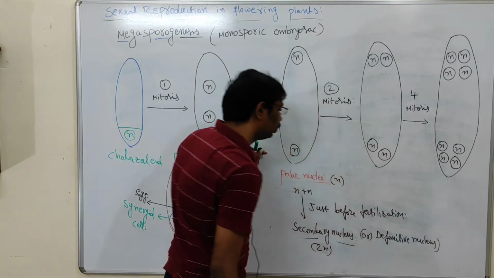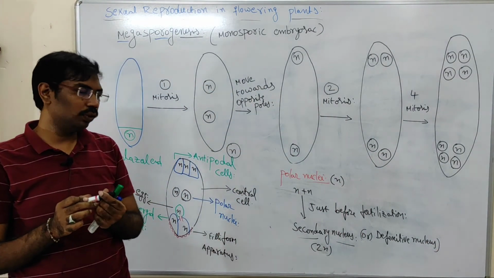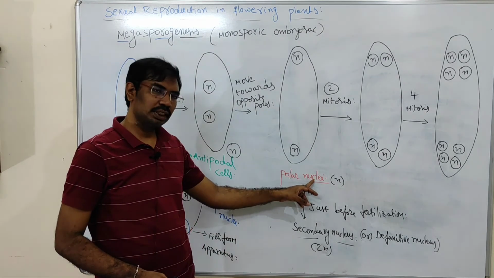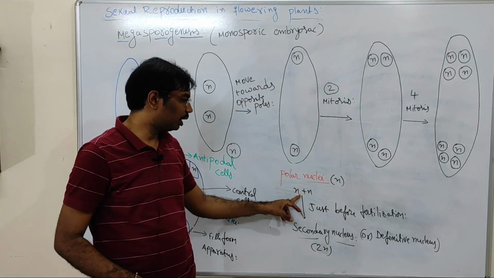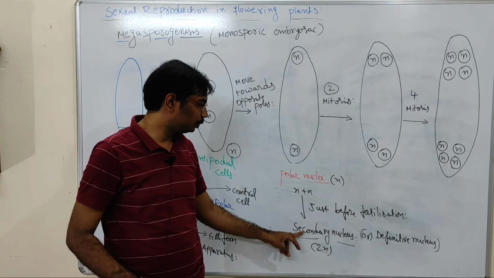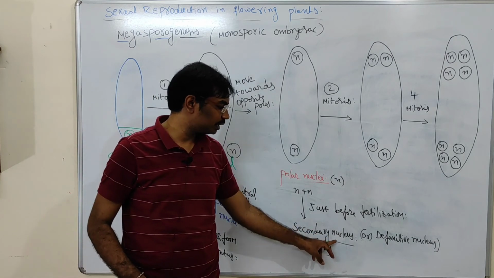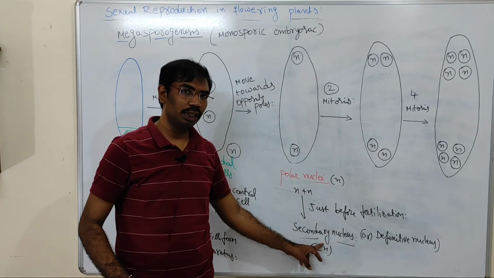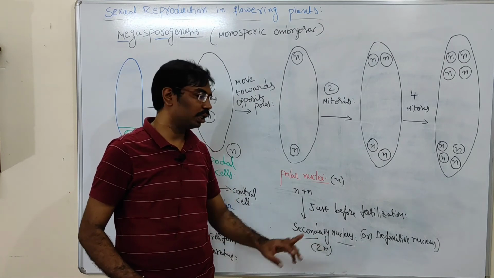The polar nuclei are initially present as n plus n, meaning haploid condition. Just before fertilization, the polar nuclei fuse together, leading to the formation of the secondary or definitive nucleus. The secondary or definitive nucleus is present in the diploid condition.